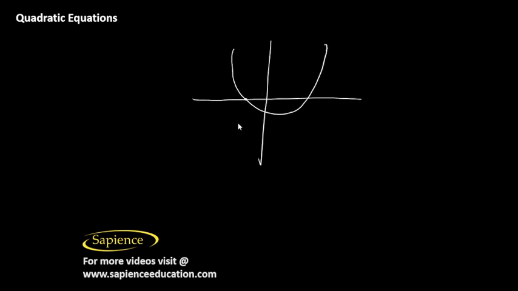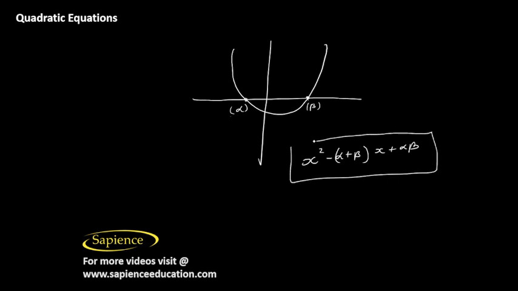The points where the quadratic polynomial meets the x-axis are called the zeros of the polynomial, and we usually represent the zeros as alpha and beta. We even saw the general form of a quadratic polynomial as x square minus (alpha plus beta) into x plus alpha beta. Now this is the quadratic polynomial with alpha and beta as zeros.